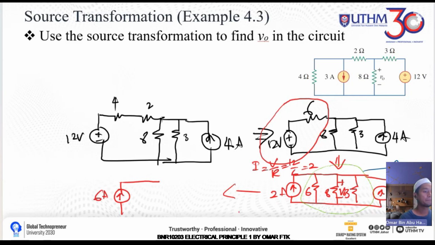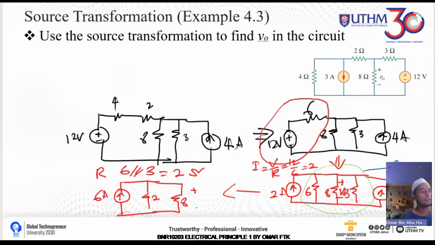And then 6 and 3 ohm resistor. If you do the parallel resistors equation, 6 and 3 are equivalent to 2 ohm, a 2 ohm resistor, and then in parallel, this one 8.